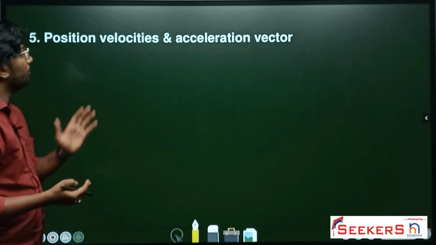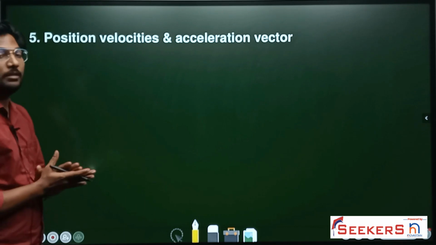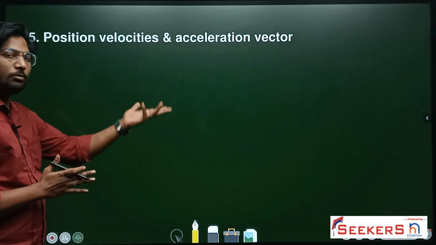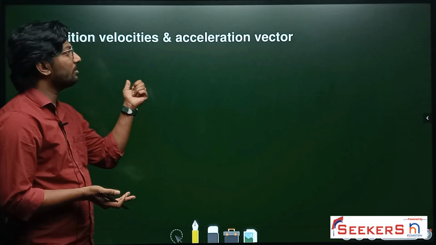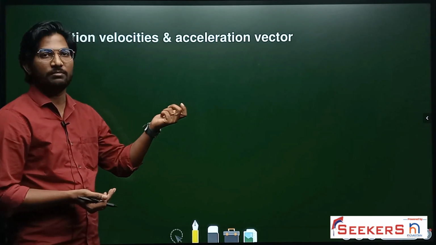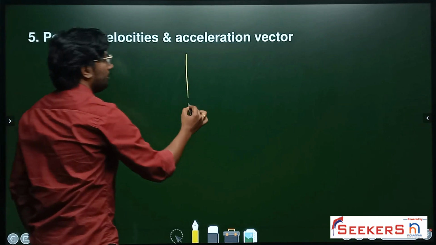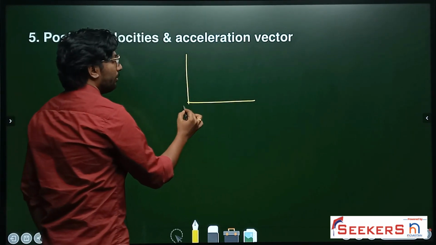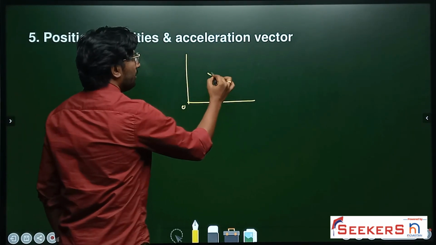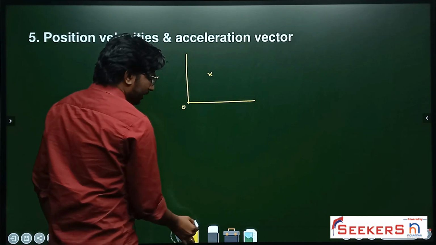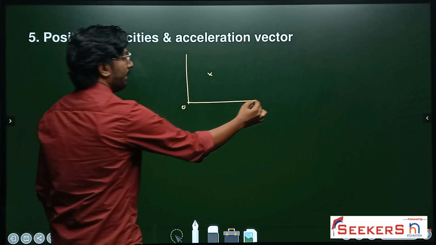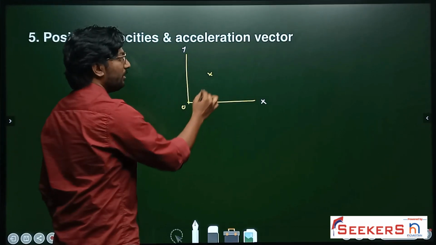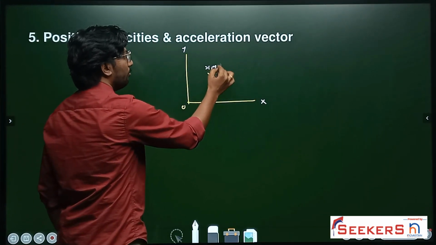So the next topic, position, velocity and acceleration vectors. This is in a two-dimensional plane. So in a two-dimensional plane, how do we write the velocity vector, position vector and acceleration vector? See, in a graph, or with respect to any frame of reference, if a particle is over here, in your 10th standard, you would have marked this as coordinates x comma y. On an xy plane, you could have marked this as x comma y.